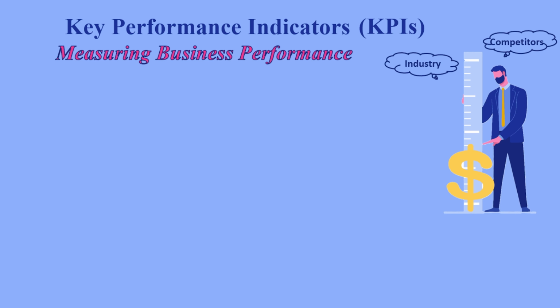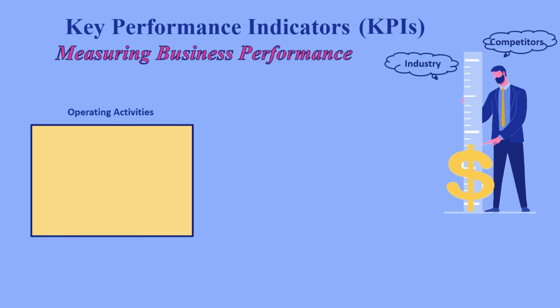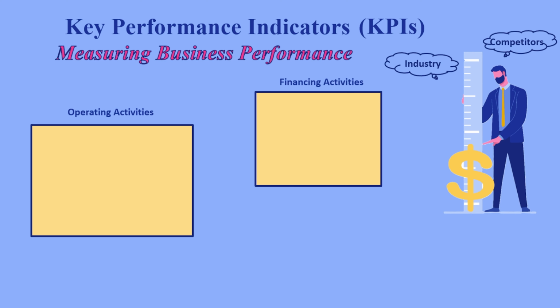I'm going to introduce you to some of the more common ones segregated into the 3 types of business activities: operating activities, profitability on a steady-state basis; financing activities, transactions with lenders and owners; and investing activities, purchases and sales of assets and securities.